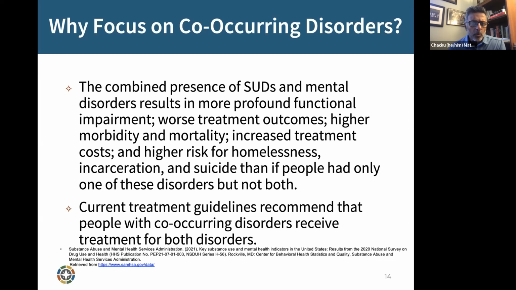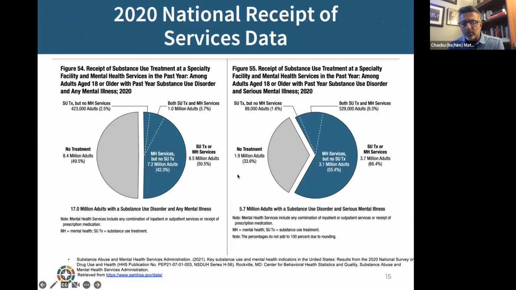And so we want to see treatment happen at the same time in an integrated way for both mental health and substance use conditions. That's not happening outside of the traditional system alone. We have those same numbers of people being untreated.